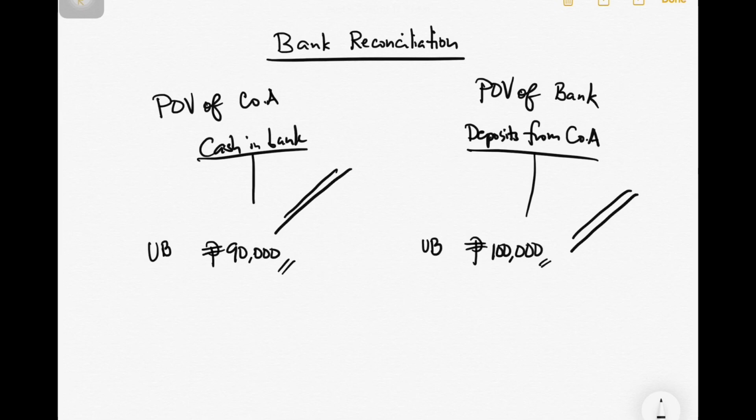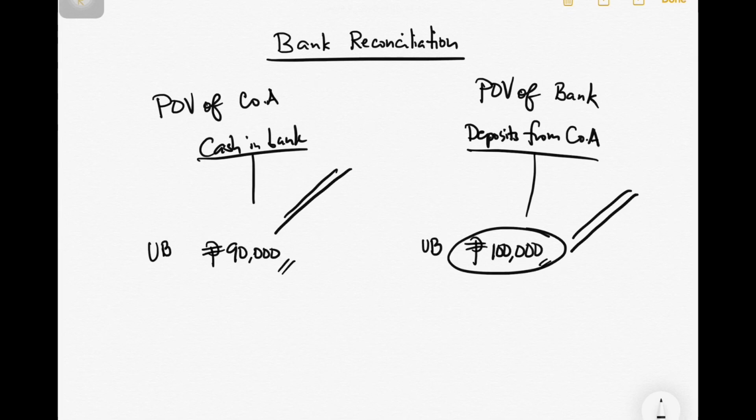And the amount here, 100,000, is taken from the bank statement. This is the last line in the bank statement because you will have the running balance of your deposits and withdrawals. So the amount that you will write in the unadjusted balance would be the final amount in that bank statement. Again, the unadjusted balance in the company's books is taken from the cash in bank T account, while the unadjusted balance in the bank is taken from the bank statement.